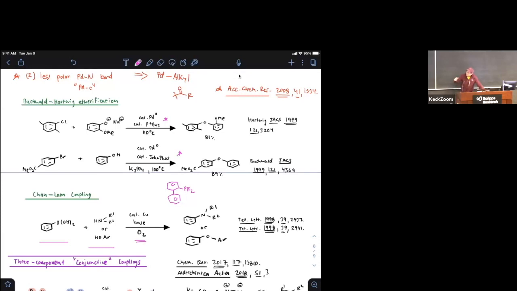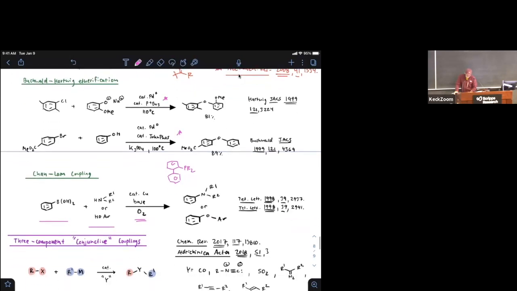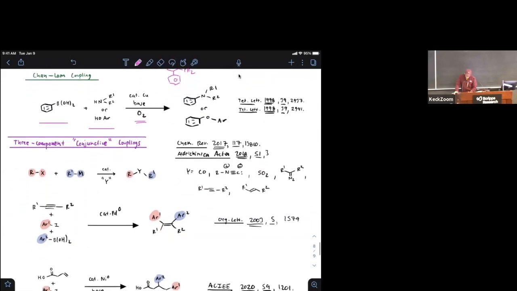So when you go to higher oxidation state, as we saw in Nick's lecture, otherwise challenging reductive eliminations now become competent, and that's the case here. C-N reductive elimination from copper-2 is typically slow. C-N reductive elimination from copper-3 is more facile. So O2 serves as the oxidant to get up to copper-3 to trigger this reductive elimination.